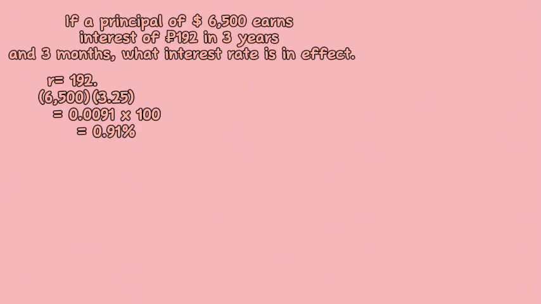I made it four decimal places because we have two significant figures here. So this rate is in decimal form. Note that 3 and 3 over 12 is just equal to 3.25 in decimal form. And if you convert it into a rate, you just need to multiply it by 100. So multiplying this by 100 will give us 0.91%.